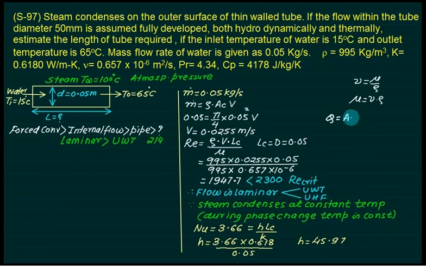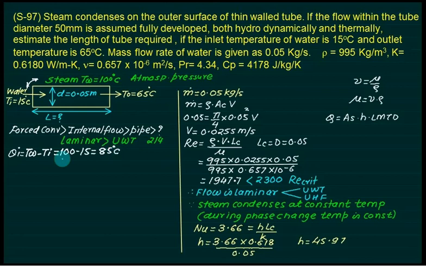We have an energy balance here: the amount of heat transferred by convection is the same as the rate of change of energy. For LMTD we have to calculate theta i, which is equal to wall temperature minus Ti, that is Tw minus Ti, 100 minus 15 degrees Celsius, equal to 85.